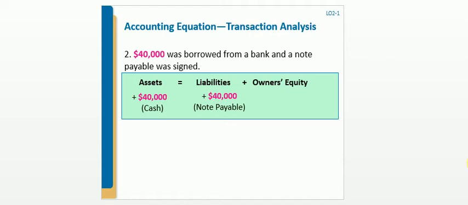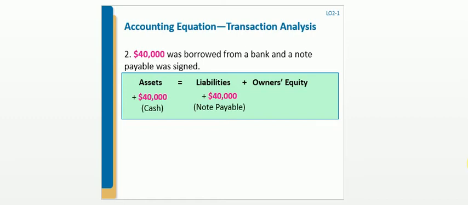This is a current liability because it is a note payable. If it is payable within one accounting period, it is called a current liability. But if you will pay this $40,000 over a span of 2, 3, 4 years, then it is a fixed liability.